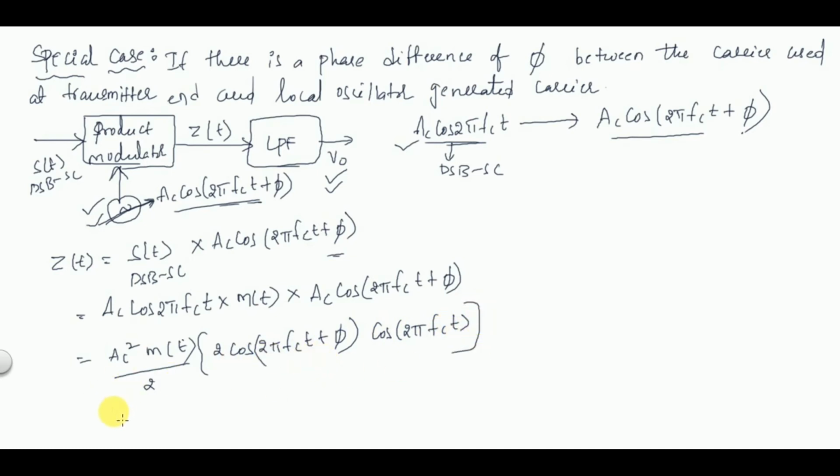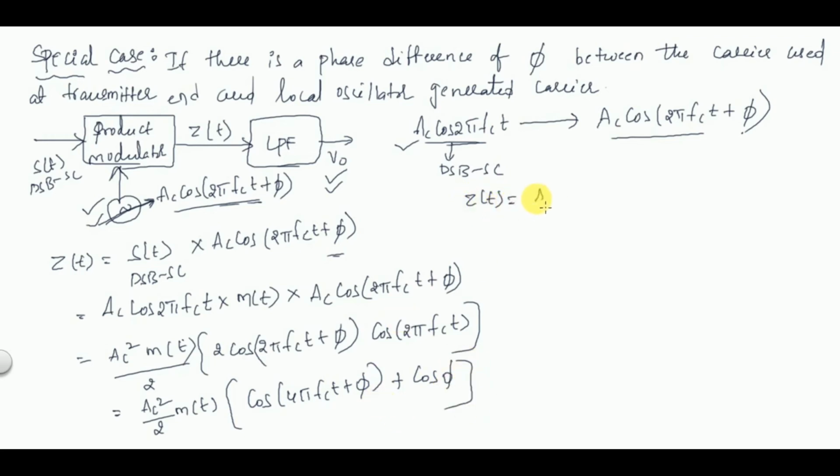So using cos(a + b) plus cos(a − b), we get Ac squared by 2 into m(t) into, now tell me, cos(4πfct + φ) plus cos φ. So z(t) is equal to, writing it as two terms, Ac squared by 2 m(t) cos φ plus Ac squared by 2 m(t) cos(4πfct + φ).